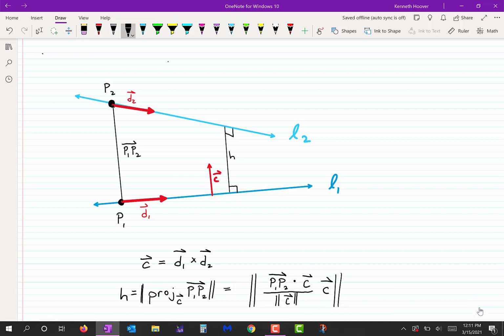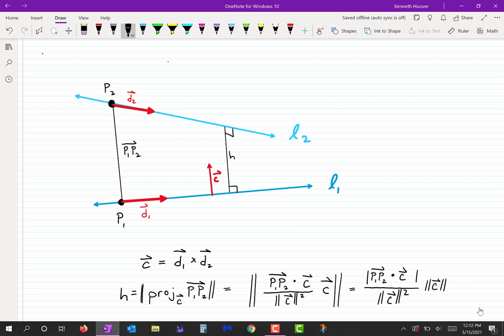So that's going to be the absolute value of the vector from P1 to P2 dot vector C divided by the magnitude of C, times, oh, by the way, I'm sorry, that was supposed to be squared. I left that off. That's part of the definition of projection, that the magnitude on the bottom is squared. And then times the magnitude of C.